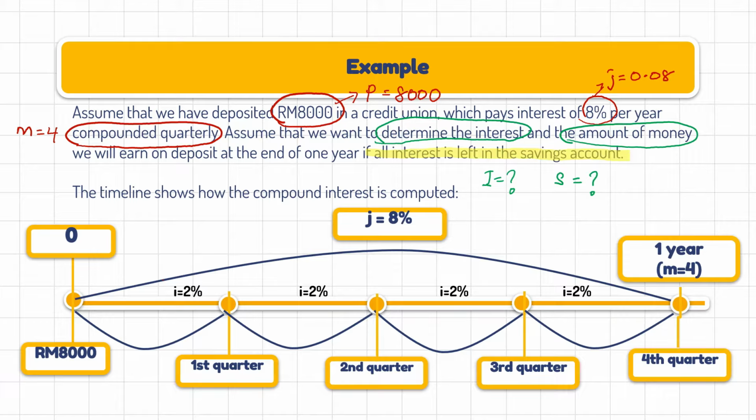Next, let's look at the timeline, where the timeline shows how the compound interest is computed. First of all, the value of P, 8,000 ringgit, we will put on 0, which is today. Then the timeline we have is only 1 year, because the question asked for 1 year only.